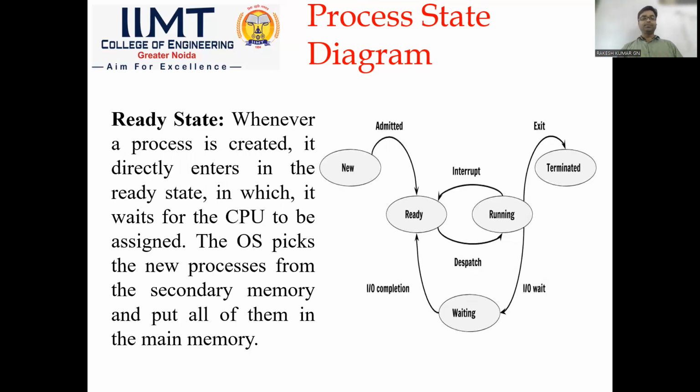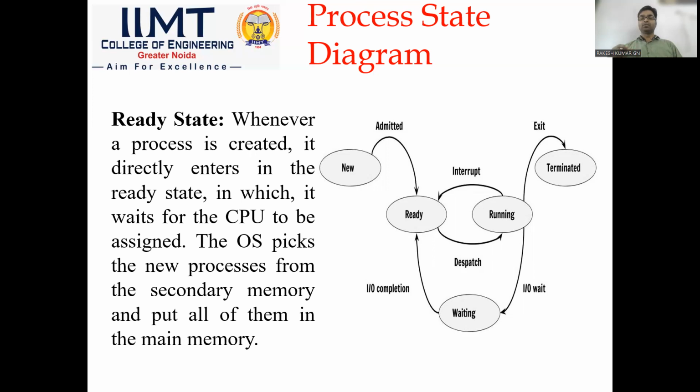The second state is the ready state. Whenever a process is created, it moves from secondary storage to RAM, or primary storage, and directly enters the ready state, in which it waits for the CPU to be assigned.